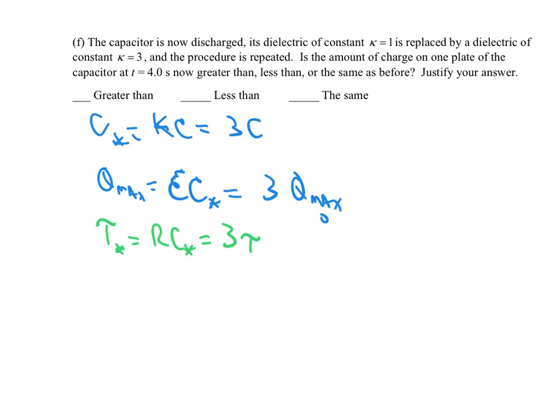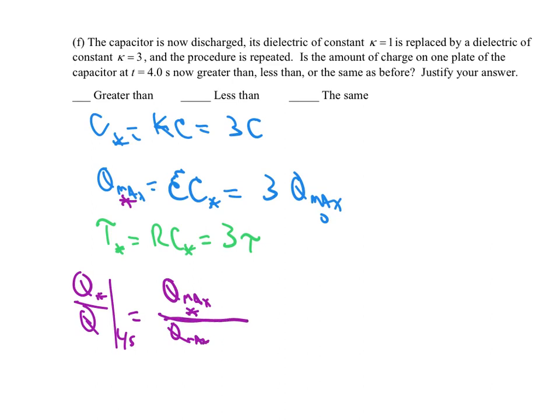So we might want to take these ratios and say, well, Q in the new case over Q in the original case at 4 seconds is going to be the new Q max times 1 minus the exponential of minus the time over the new tau, over the original Q max times 1 minus e to the minus t over the original tau.